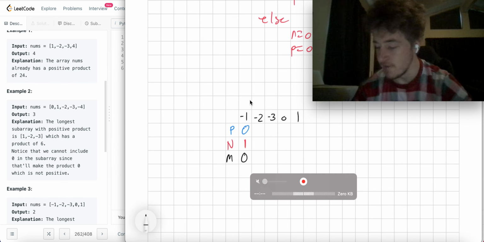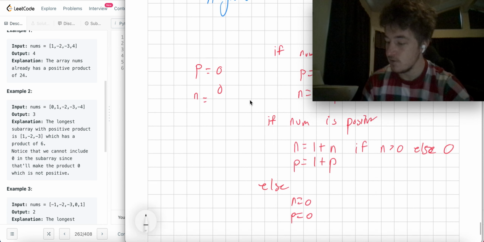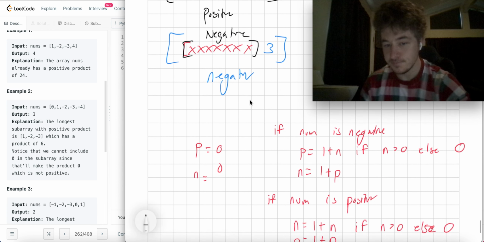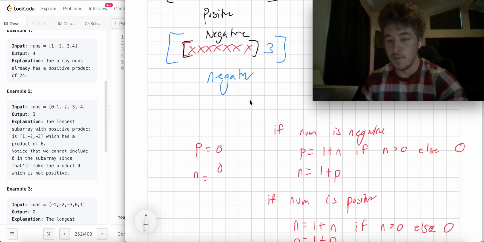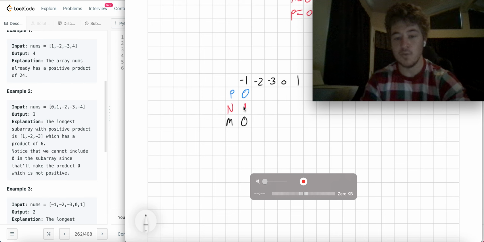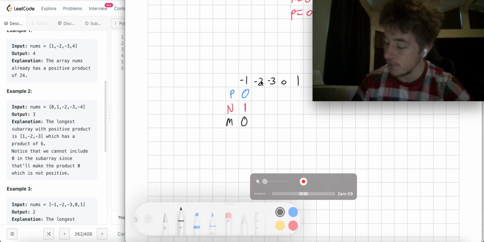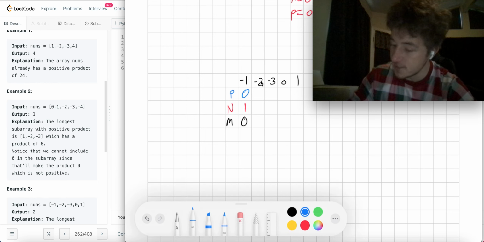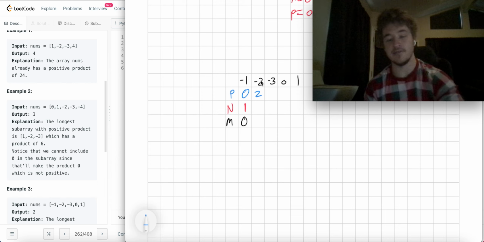Okay. Now we have -2, so we see another negative. Well, if the num is negative, P equals 1 plus N if N is greater than 0. Okay, now since N is greater than 0, N is 1. That means that we can attach the -2 to the longest subarray of 1 and add 1. So now we have a longest positive subarray of length 2 ending at -2.